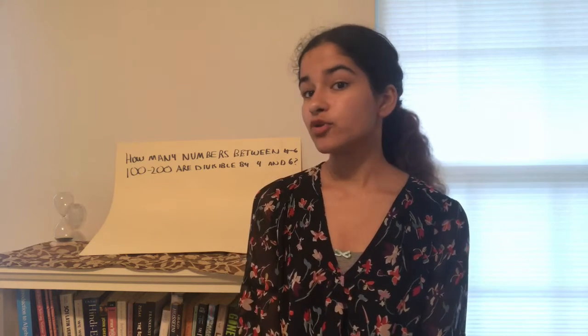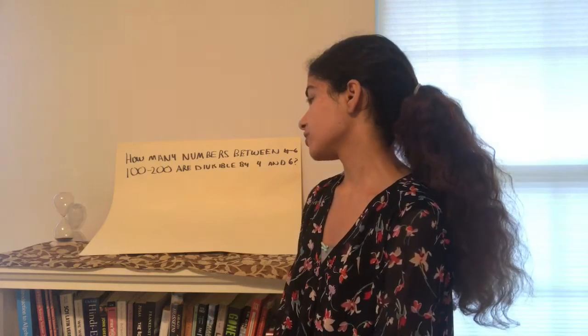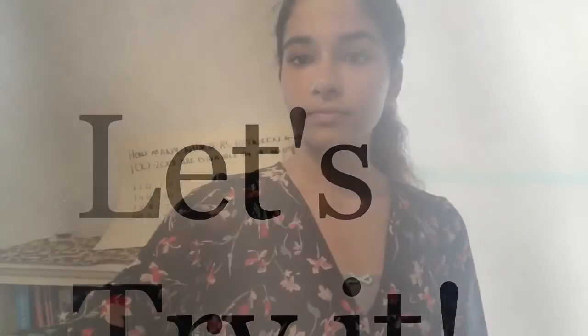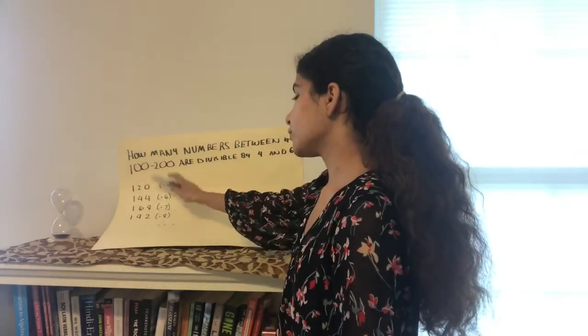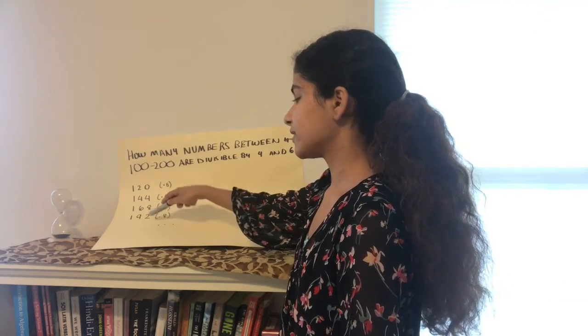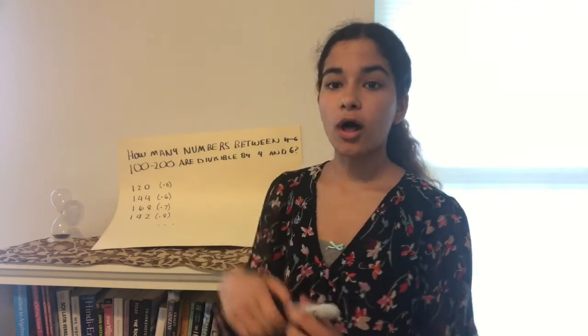So does this imply that I could just take all the multiples of 24 between 100 and 200, and those would give me the numbers that are divisible by 4 and 6? Well, okay, so we have 120, 144, 168, and 192, all of which are divisible by both 4 and 6.